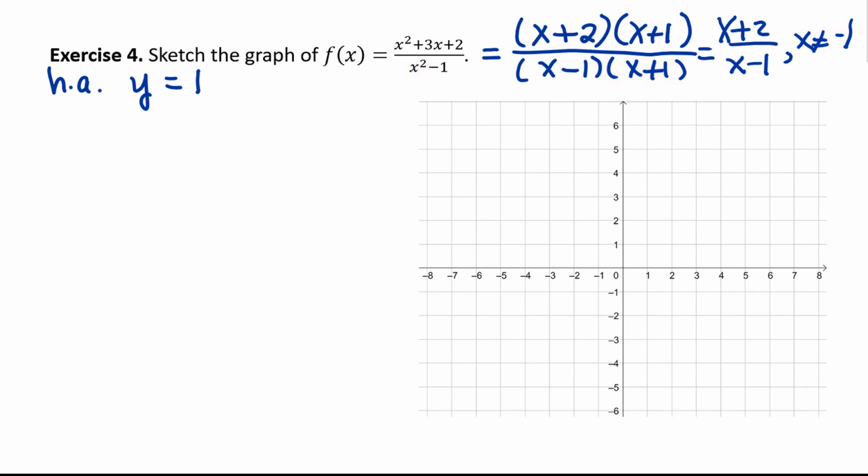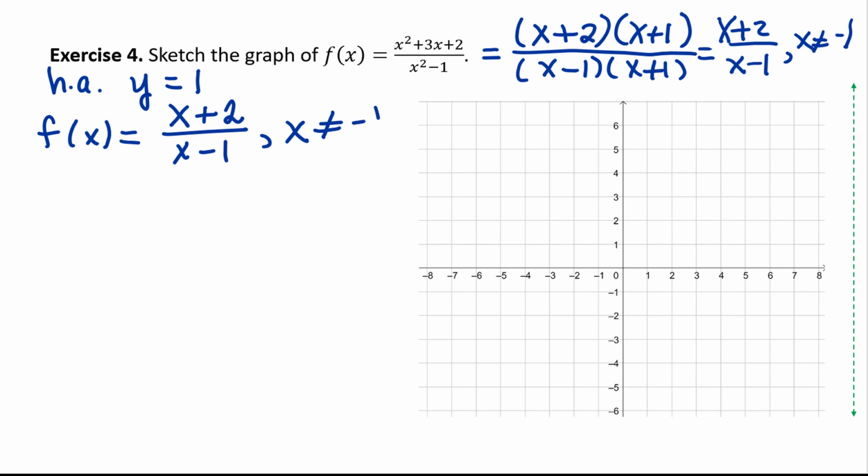So let's rewrite f of x as x plus 2 divided by x minus 1, provided that x does not equal negative 1.